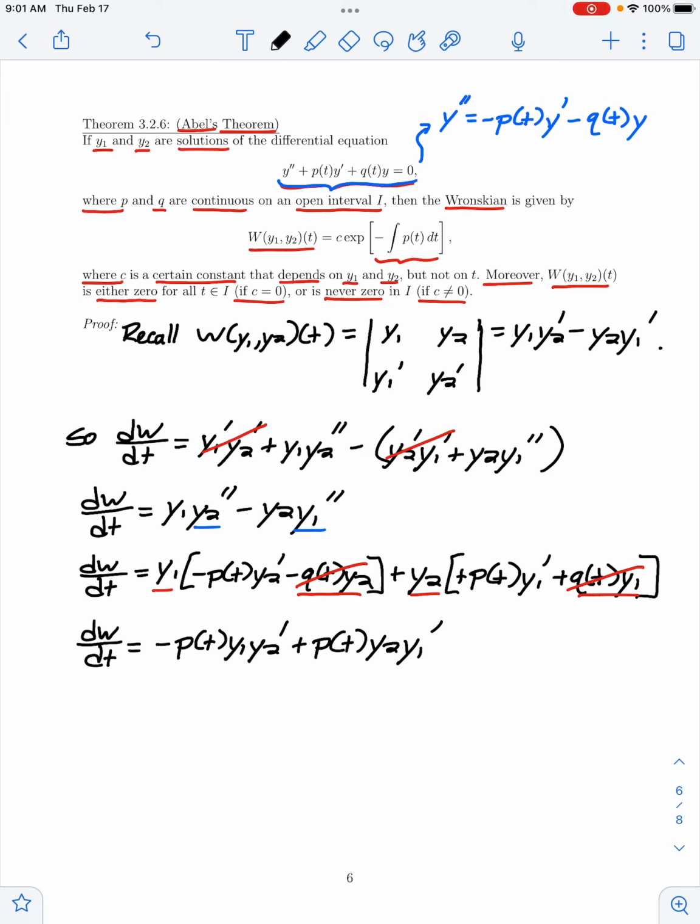So if we factor out a negative p of t from each term, we are left with a positive, since we're factoring out the negative, y1 y2 prime minus y2 y1 prime.